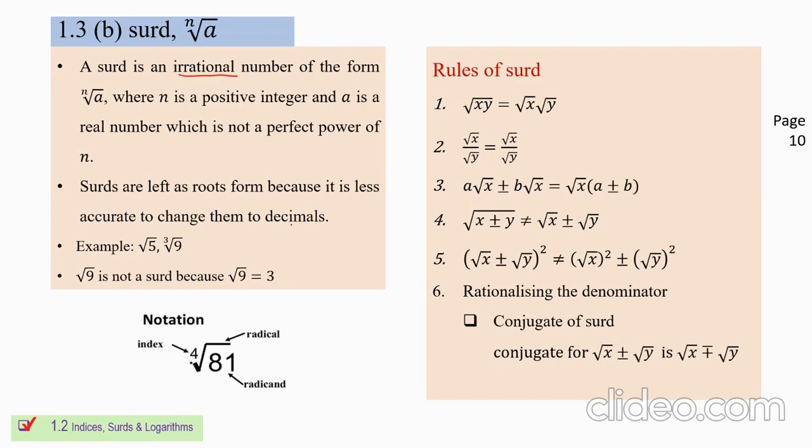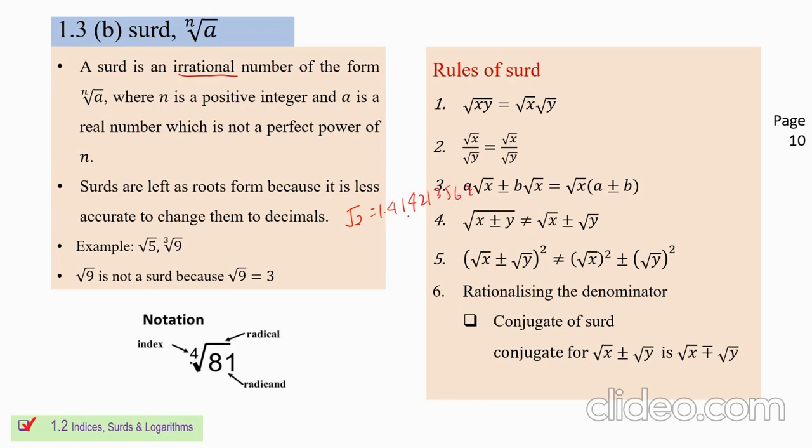For example, if you calculate the square root of 2 using the calculator, it will give you 1.41421352.